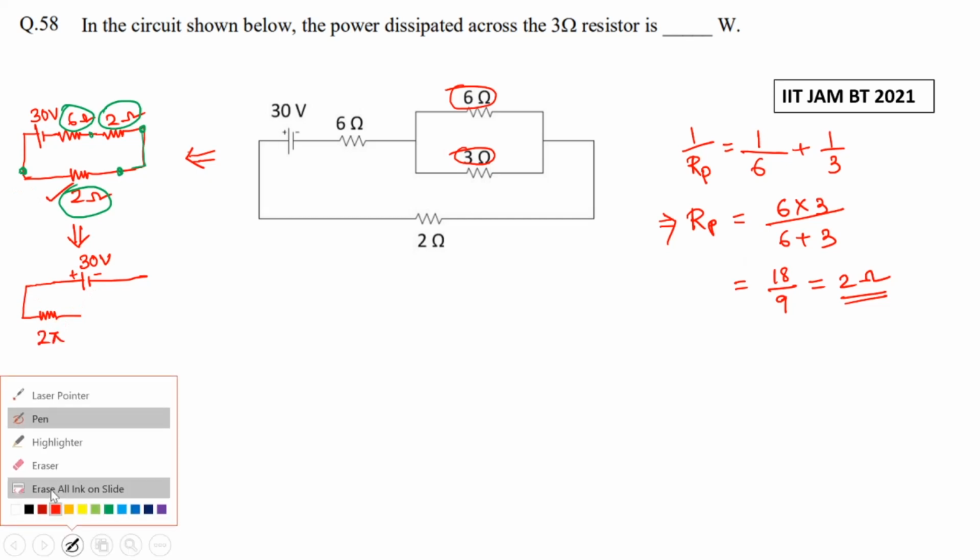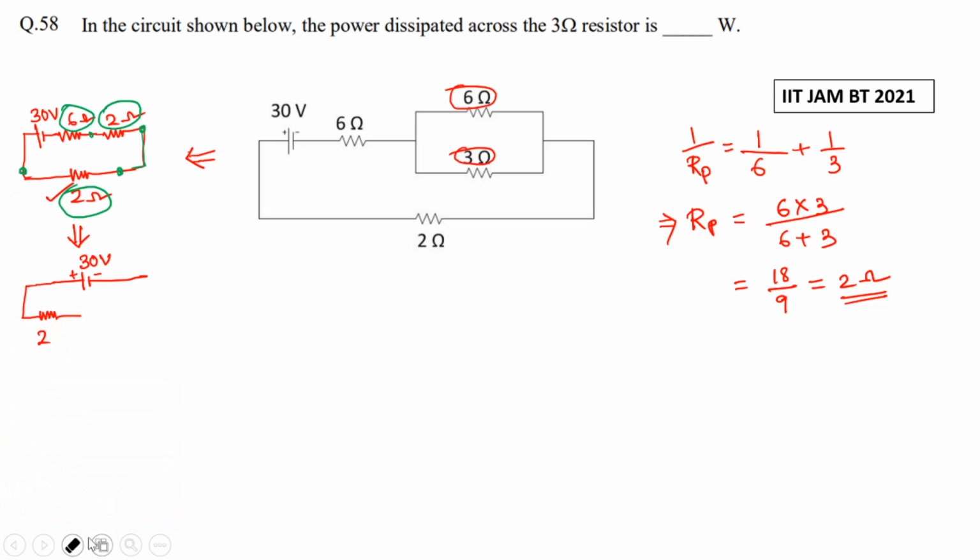Sorry, it's not pi again, I made a mistake, it's ohm. So it's a 2 ohm resistor. Then this 2 ohm resistor is connected in series, and then this 6 ohm resistor is connected in series with this battery.